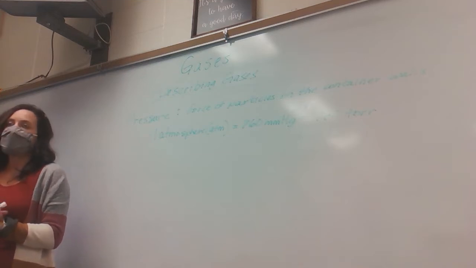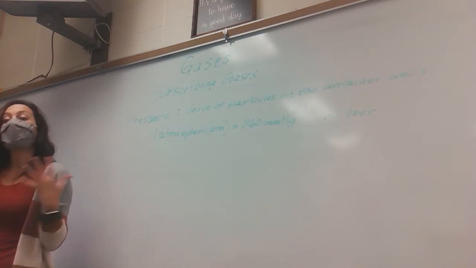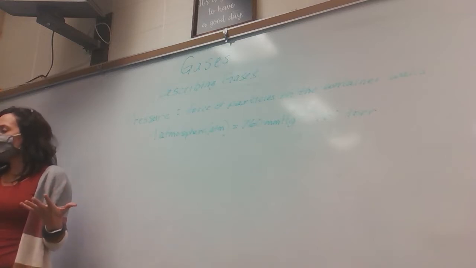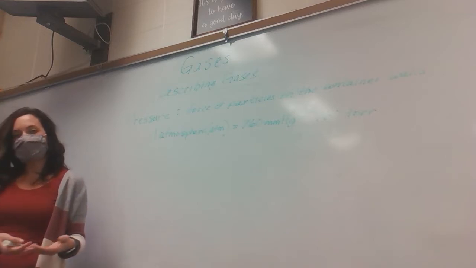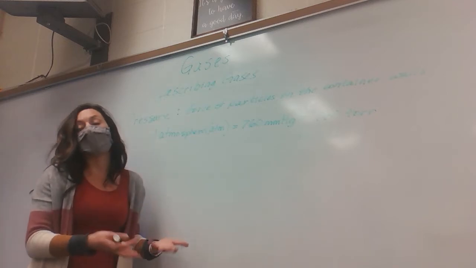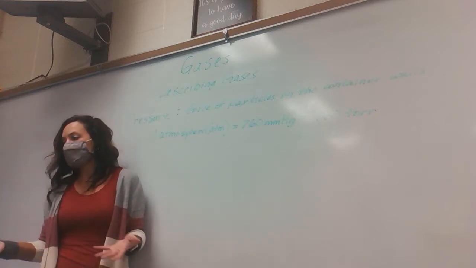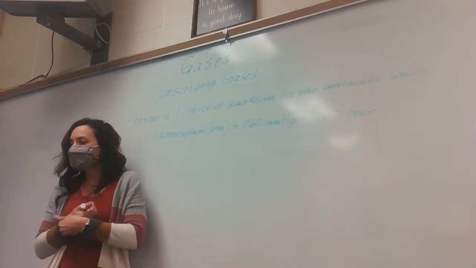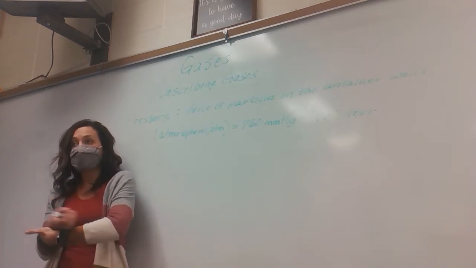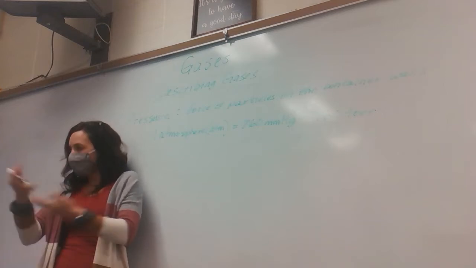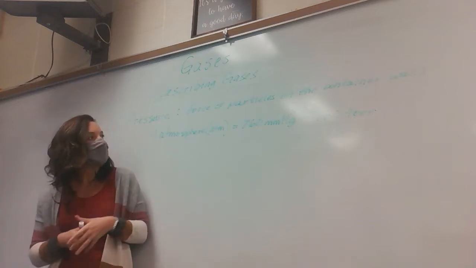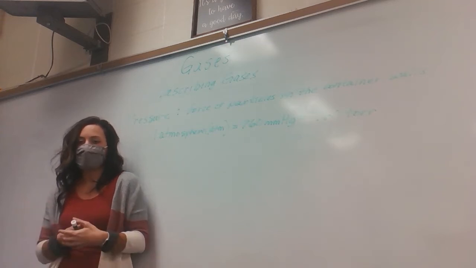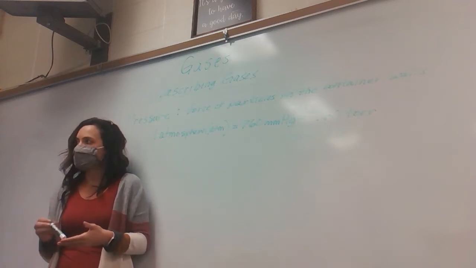The pressure on a good weather day can be lower or higher. Usually low pressure systems are bad weather, storms. High pressure systems are sunny and nice. But regardless, pressure of the atmosphere is 1 atmosphere, the whole entire 1 atmosphere. And we just use that to compare pressures of things. Questions about that?